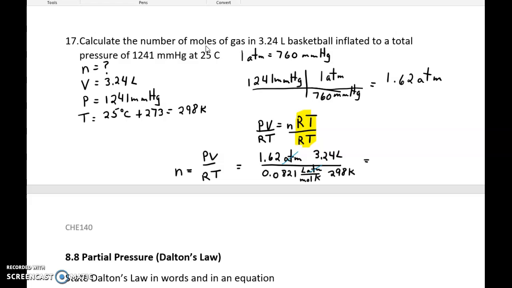Let's cross out Kelvin. Let's cross out liters. And we're left with moles on the bottom of the bottom, and so that will bring it up to the top. And the answer to this is 0.21, and it's moles.